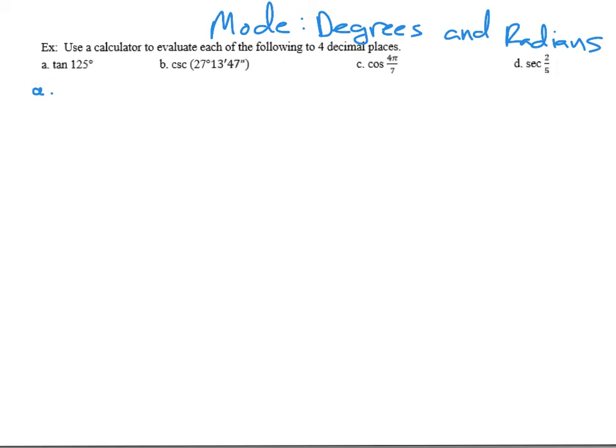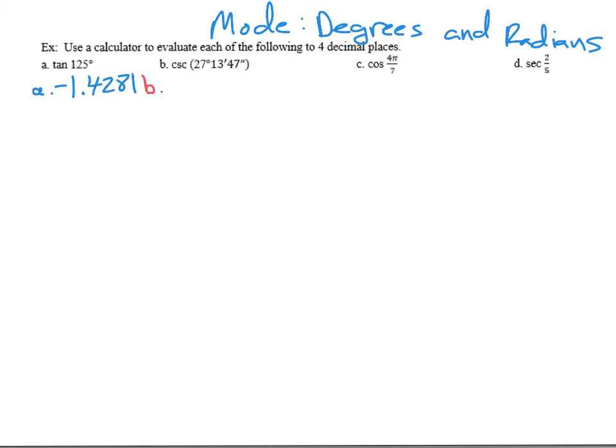Are you talking degrees or are you talking radians? And you got to make sure that the calculator is set that when you type in tangent of 125, your calculator knows that 125 is a degree measurement, not a radian measurement.